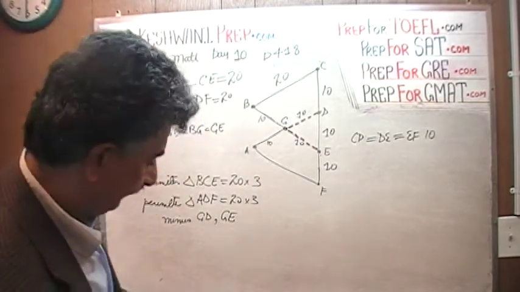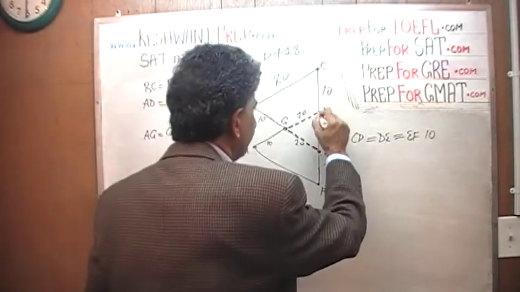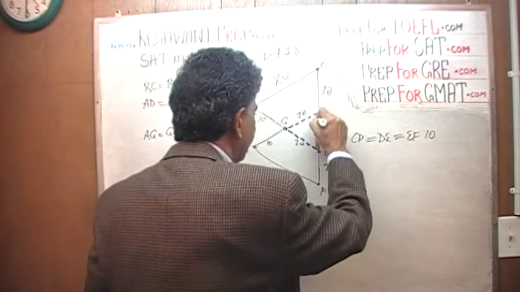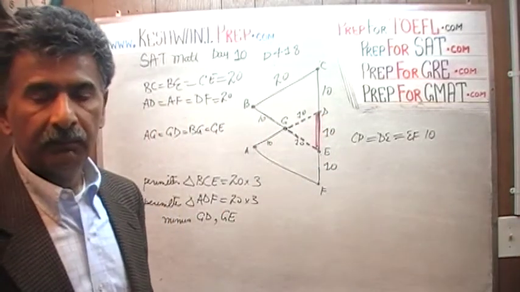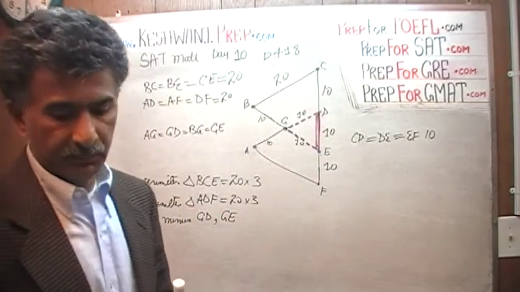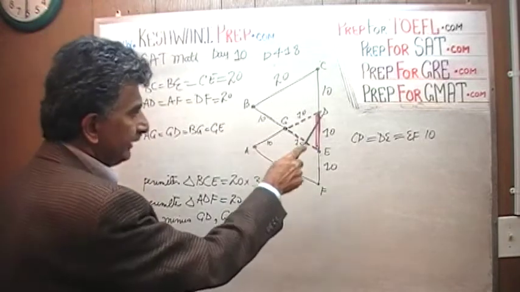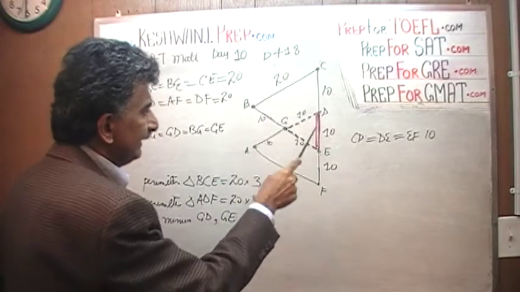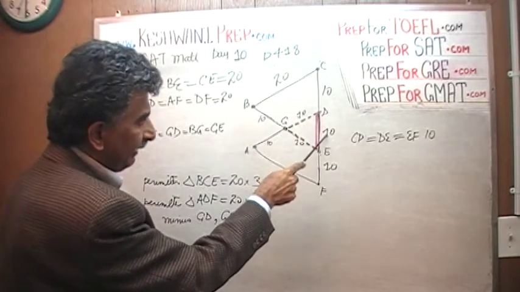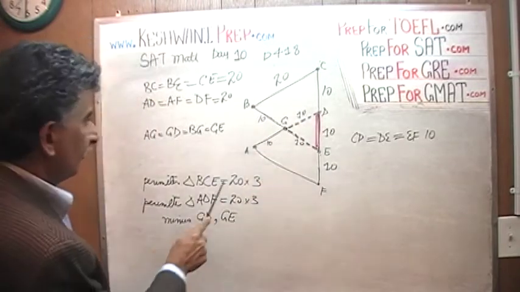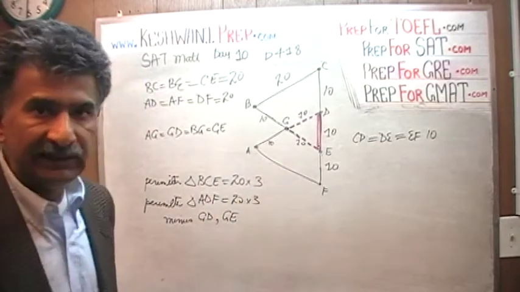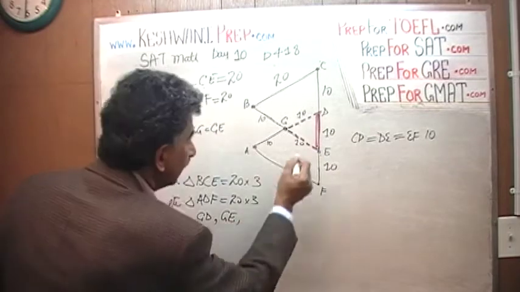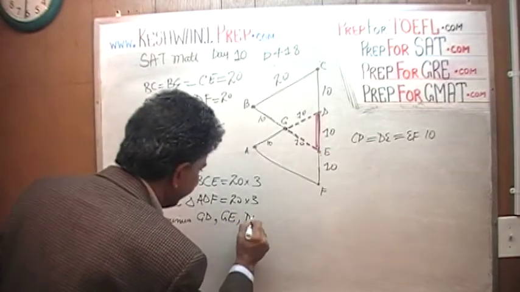D to E, right here, is part of the flag, but the problem is it's being double counted. This D to E, we first counted that 10 as the perimeter of BCE, and then we counted the same 10 again when we talked about the perimeter of ADF. It is being double counted. So we have to subtract that too. D to E. That's it.